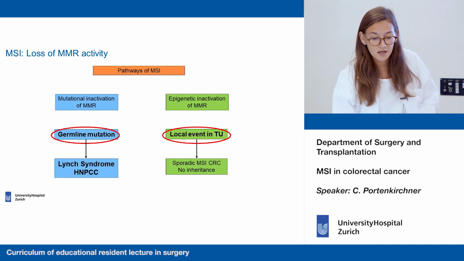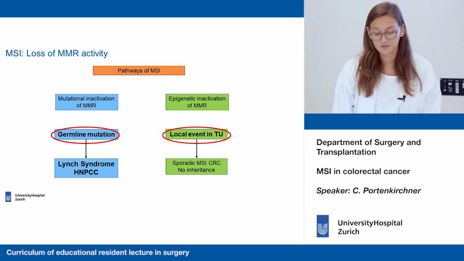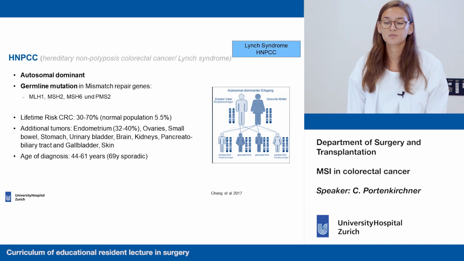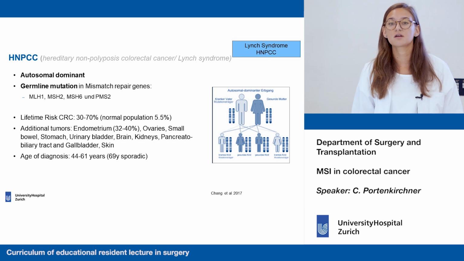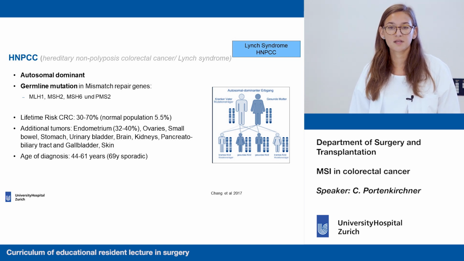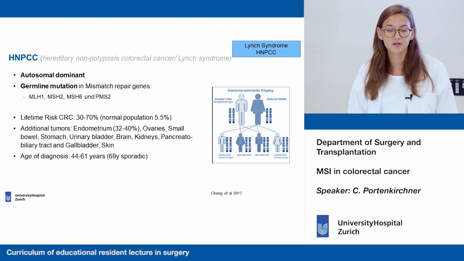We will have a look now at the germline mutation, HNPCC, and then at the epigenetic inactivation of the mismatch repair genes. HNPCC is hereditary non-polyposis colorectal cancer, also known as Lynch syndrome. It's an autosomal dominant disease, a germline mutation, as we already said, in the mismatch repair genes.